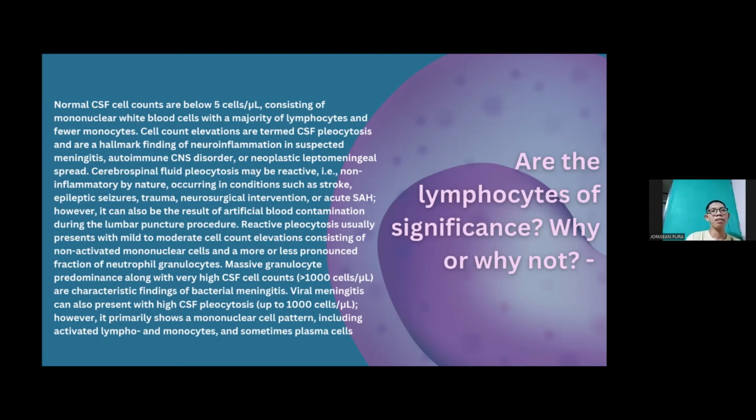Viral meningitis can also present with high CSF pleocytosis with up to 1,000 cells per microliter. However, it primarily shows a mononuclear cell pattern, including activated lymphocytes and monocytes, and sometimes plasma cells.